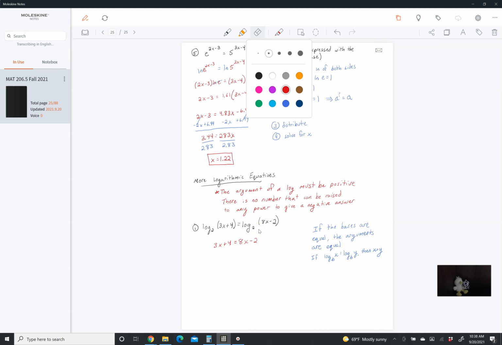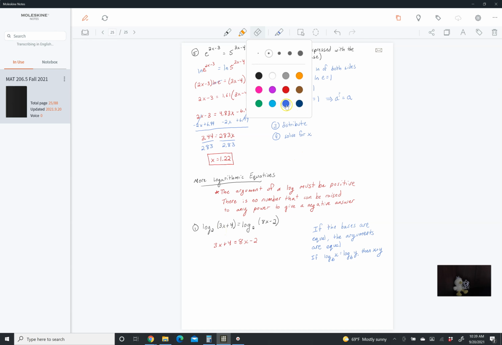And this is what I was talking about in terms of equations that we create that are not the original equation. We're going to find a solution for 3x plus 4 equals 8x minus 2, and it will work for that equation, but because we're not taking into account the fact that we're taking a log when we solve this linear equation, we might get solutions that won't work for our original equation.